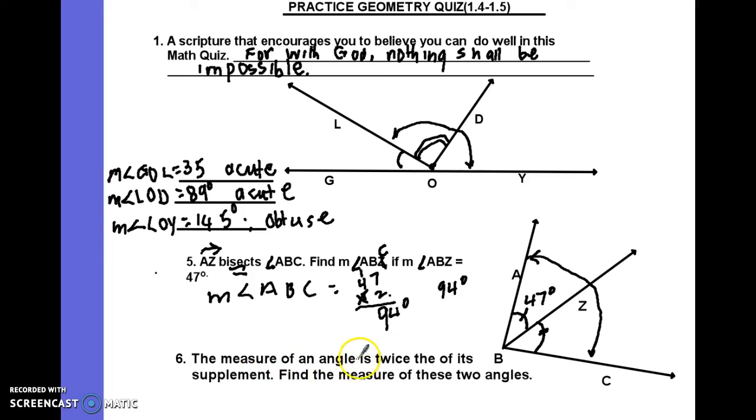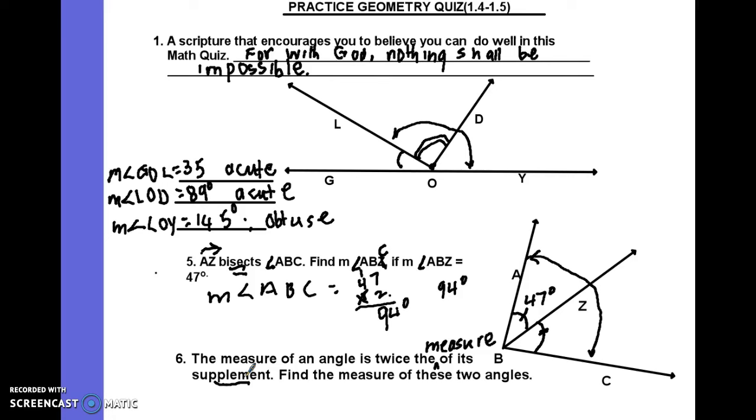And now finally this one. The measure of an angle is twice the measure of its supplement, sorry, not complement. Find the measure of these two angles. Again, the measure of an angle is twice the measure of its supplement. Supplementary angles, you remember what they do? They add up to 180.